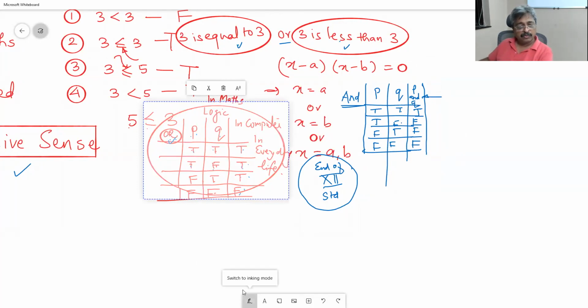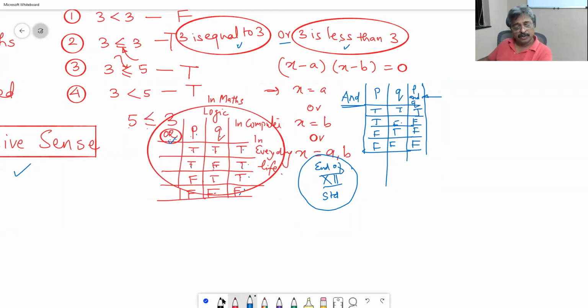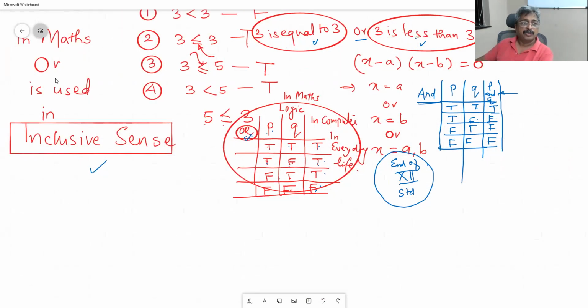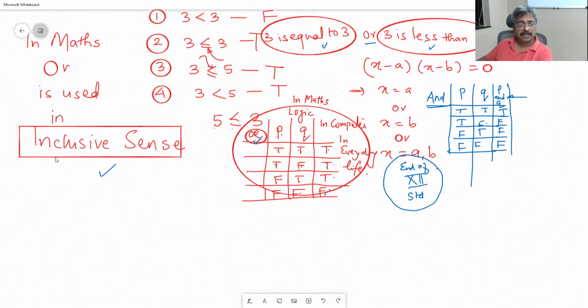Okay, so we are going to make use of this fact in mathematics, and essentially we will use the word "or" in the inclusive sense. Okay, so let us look at examples.